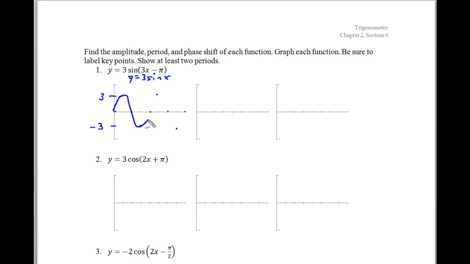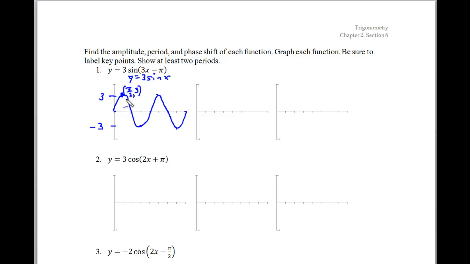And for my next piece, which is going to work with the omega of 3, I'm going to focus on this first interval right here, which is going to be pi over 2. And it's going to be at pi over 2 comma 3.